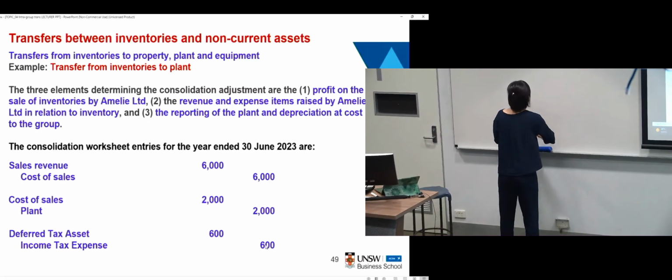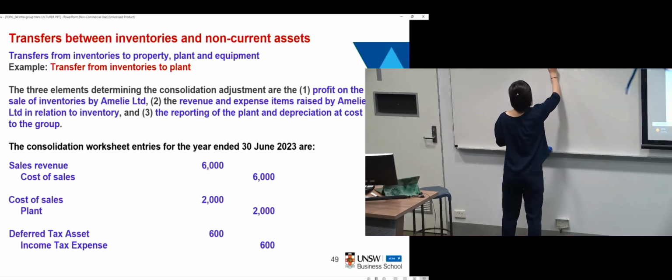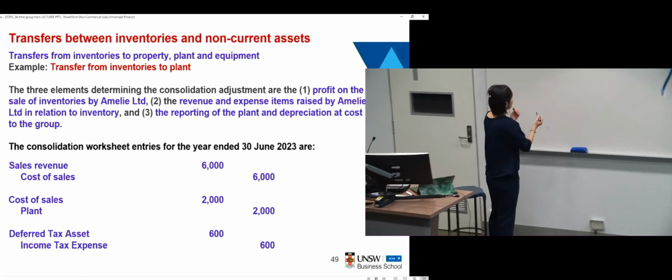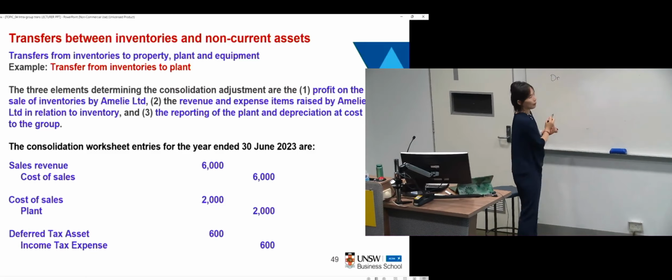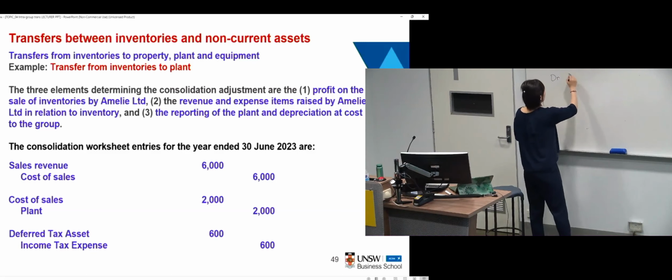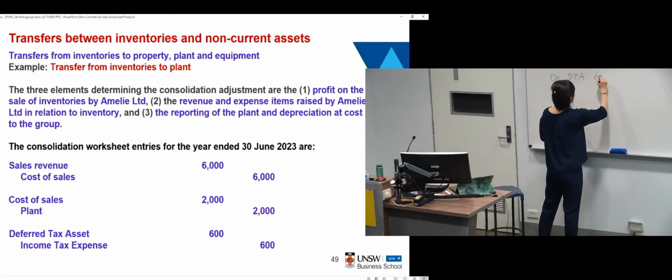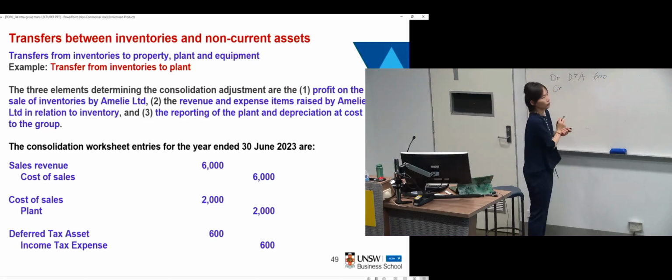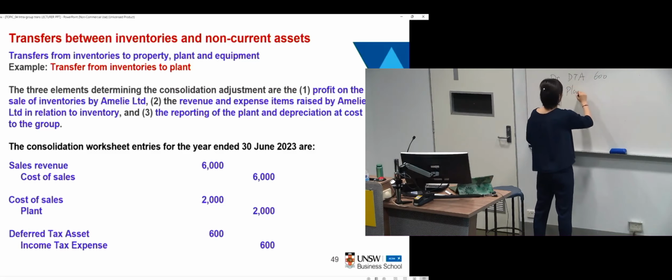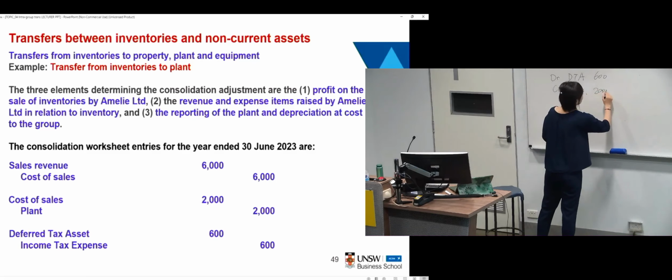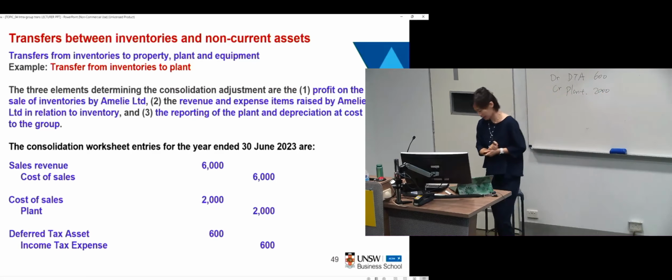I need some space for the tax and depreciation entries later. 1,400. And then we debit DTA, right? So just copy down this line, 600, and then we credit. What's the credit? Plant. Always credit plant, right? That is 2,000.